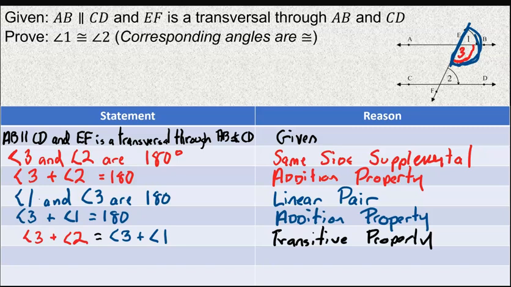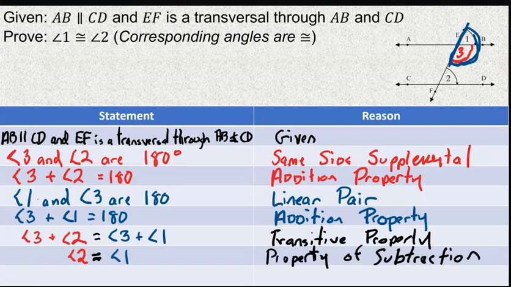And I've again created this situation where I have angle 3's on both sides. So I can now subtract them from both sides. Okay, so I've gotten down to angle 2 equals angle 1 by subtracting angle 3 from both sides. What I'm going to do now is add the formality where I make clear my last statement that angle 1 is congruent to angle 2.